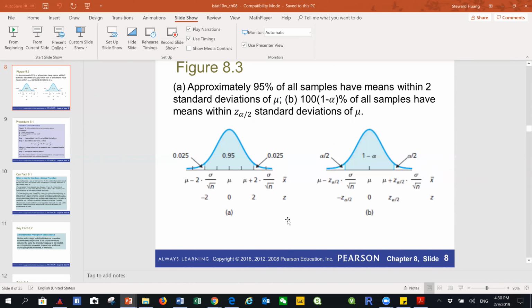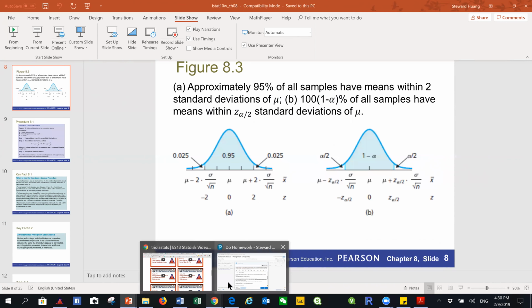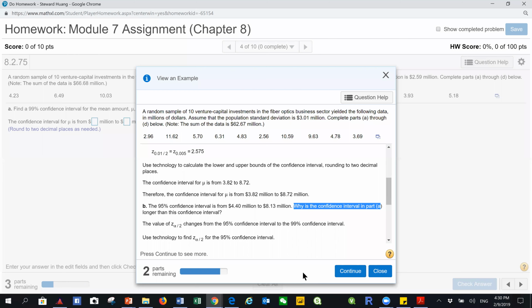When you plug that in, it makes the margin of error bigger, so it makes the interval larger. That is why. Intuitively, you can also make sense of it, because to have a larger confidence, you have to have a larger interval width.